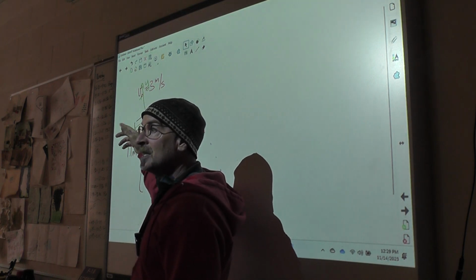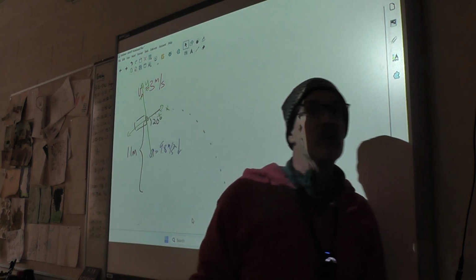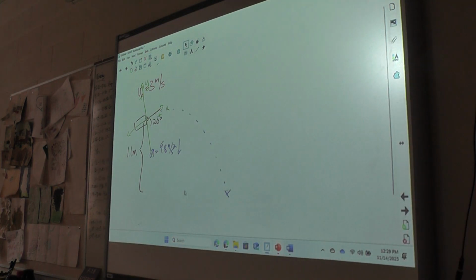So we've just changed the x and y components of this quantity because we've changed the direction of our coordinate axes. I could also make this quantity in the positive y direction. There, now it's in the positive y direction. And now it's in the negative x direction. And now it's in the negative y direction.